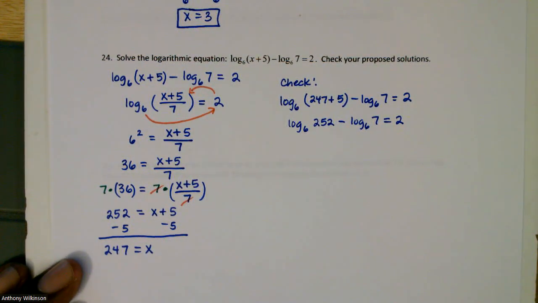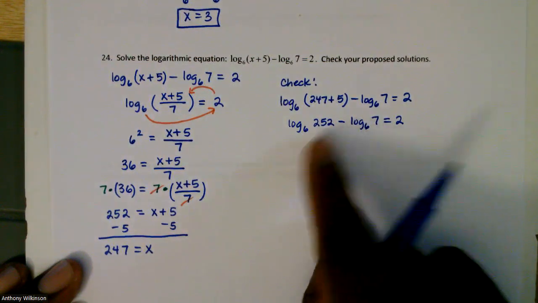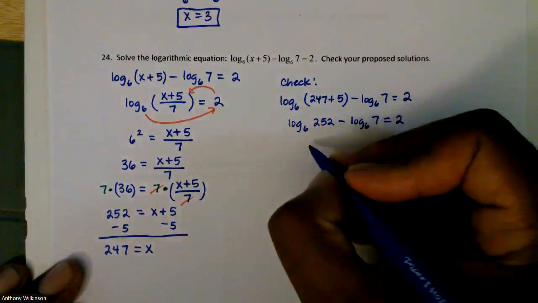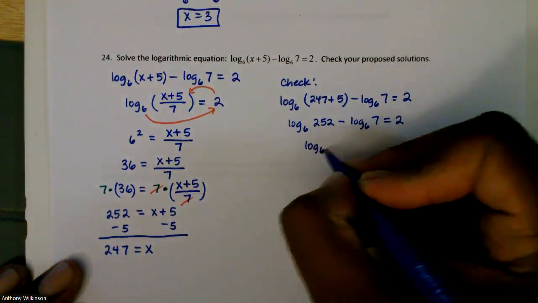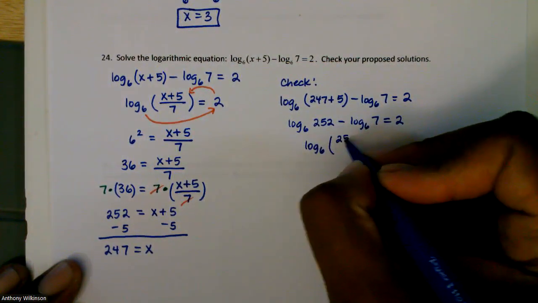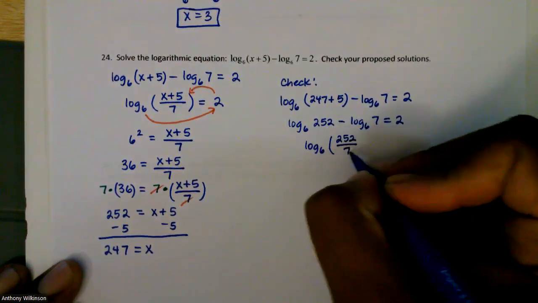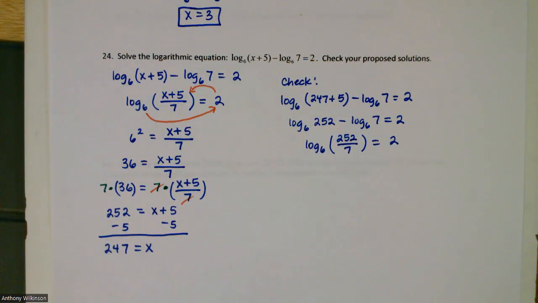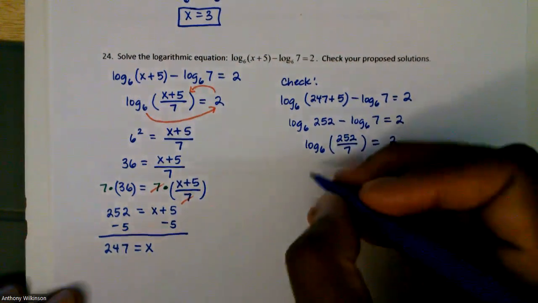Now, again, we have the difference of two individual logarithms. I need to condense that as the log of the quotient. So I have log to the base 6 of the 252 goes in the numerator, 7 goes in the denominator. And that's equal to 2. 252 divided by 7 would be 36.